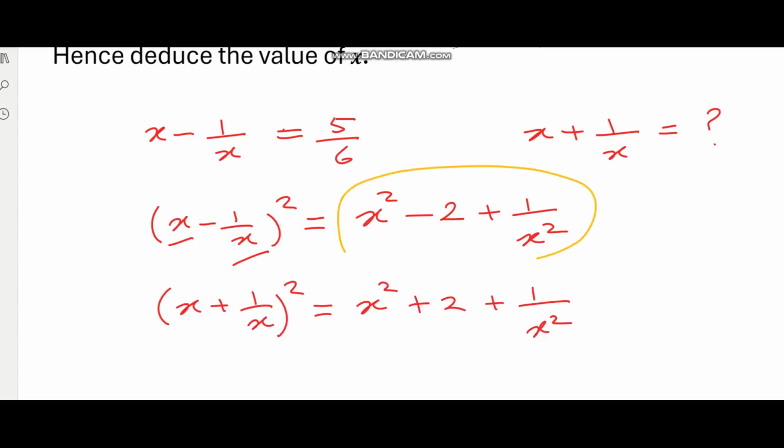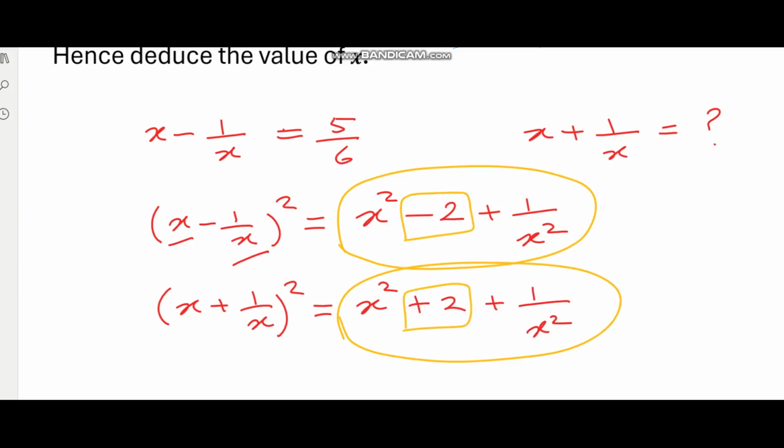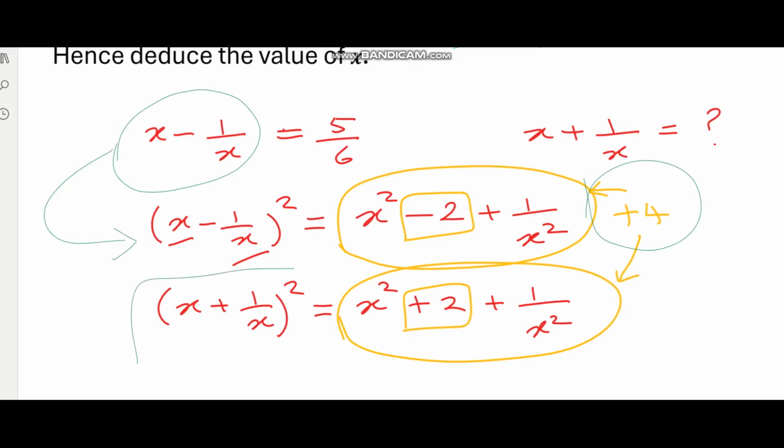Now the difference between this and this is that there is minus 2 here and plus 2 here. So if you add 4 to this, you will get this. This is exactly the trick we are going to use. So we are going to take x minus 1 over x, square it, add 4 to it, and that will give us x plus 1 over x whole thing squared, and then we take the square root to find x plus 1 over x.